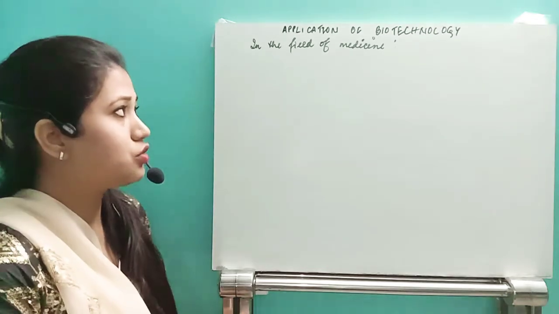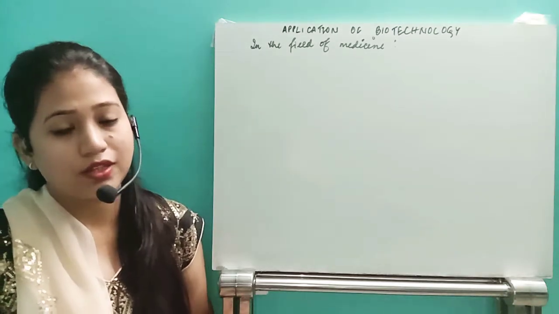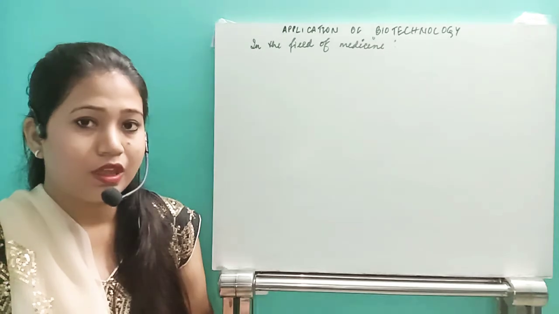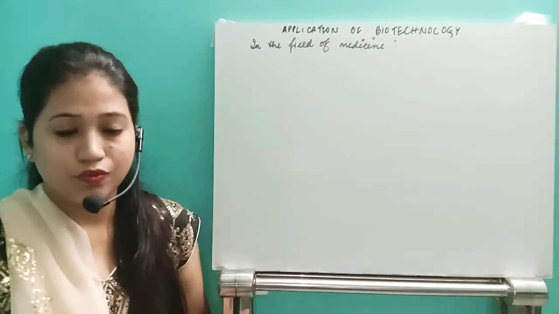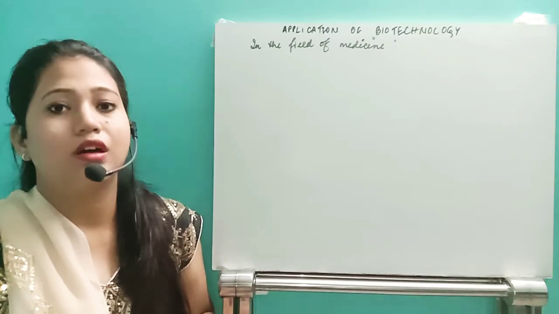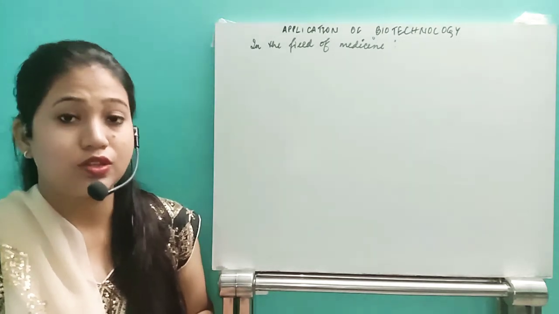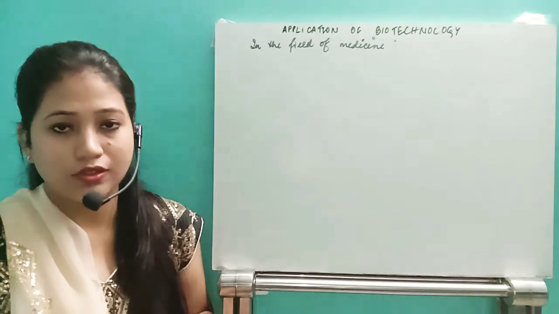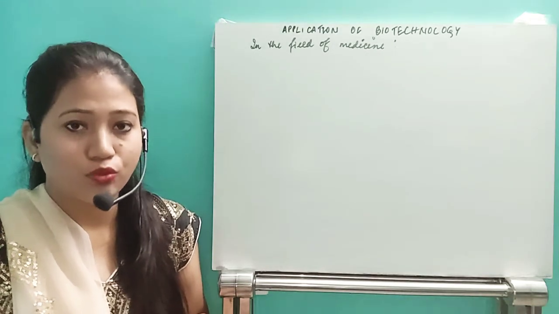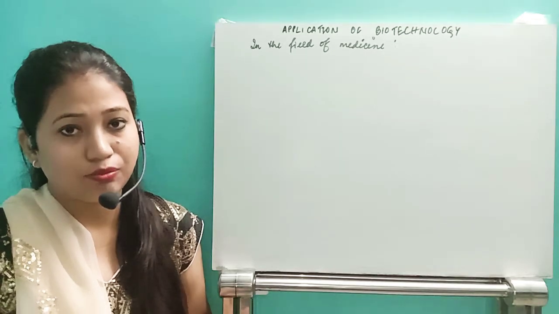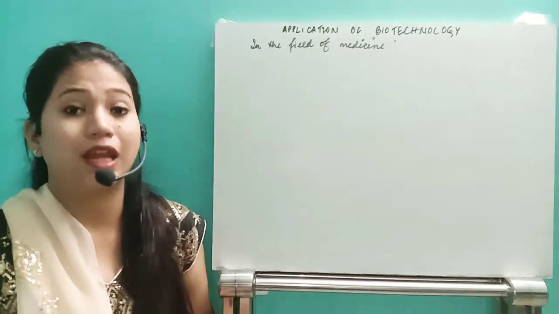Now in this section we are going to see the use of biotechnology in the field of medicine. In medicine also, biotechnology helps in a vast way in producing genetically engineered insulin, and other products like growth hormone, HCG, and different other hormones that are produced synthetically in biotechnological laboratories.